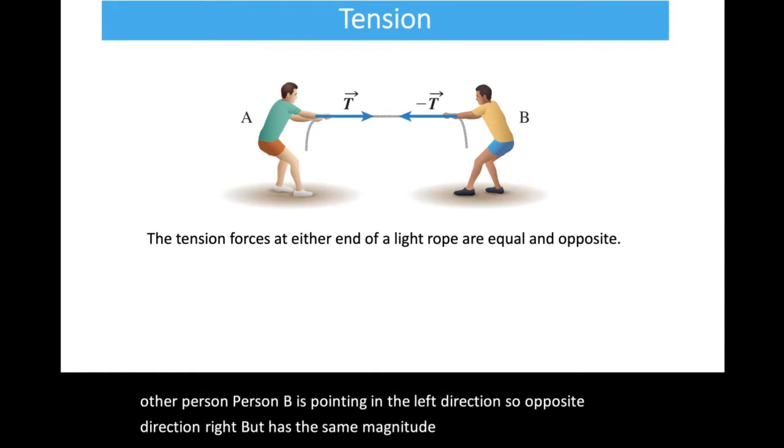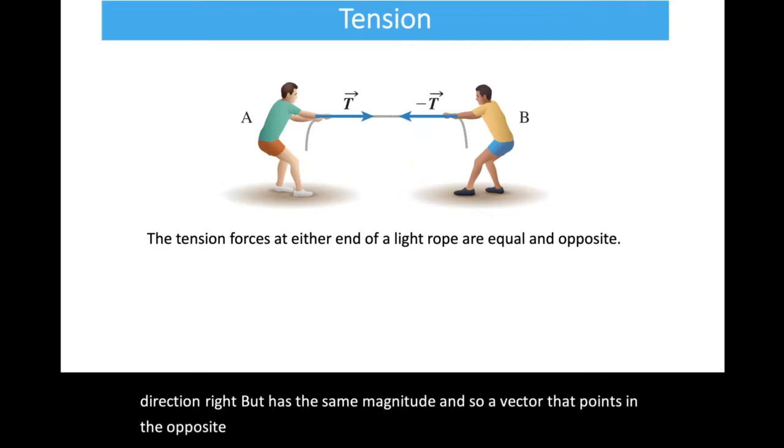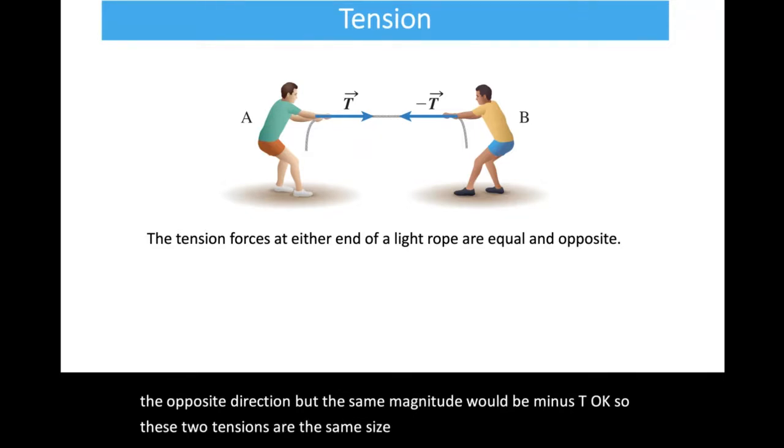A vector that points in the opposite direction with the same magnitude would be minus T. So these two tensions are the same size but in opposite directions.